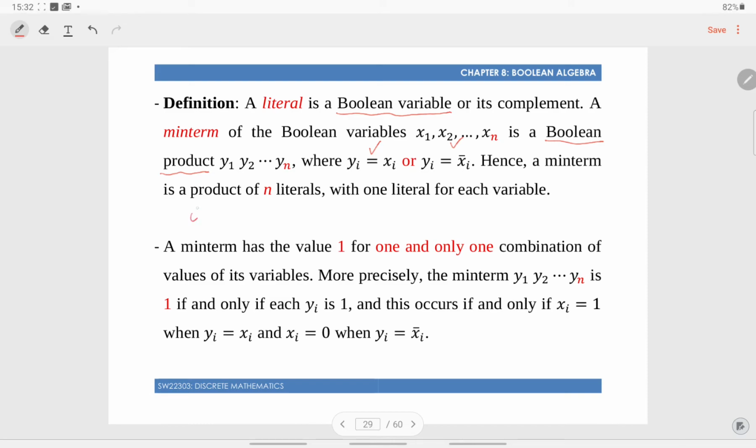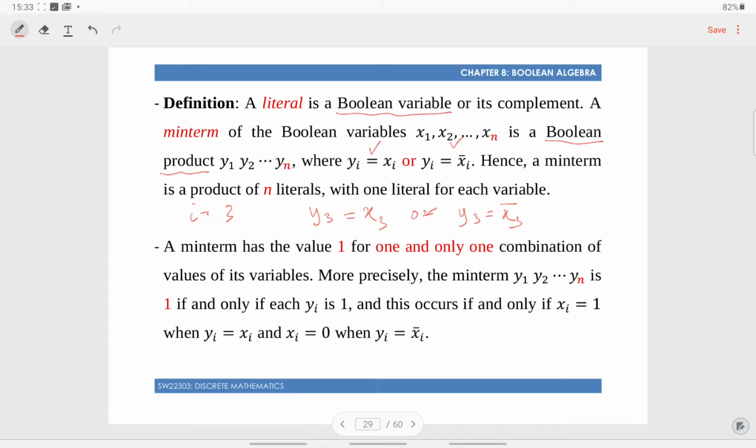Suppose i equal to 3, for example. So we have y3 equal to x3 or y3 equal to x3 complement. Either one. Hence, a minterm is a product of n literals, with one literal for each variable.